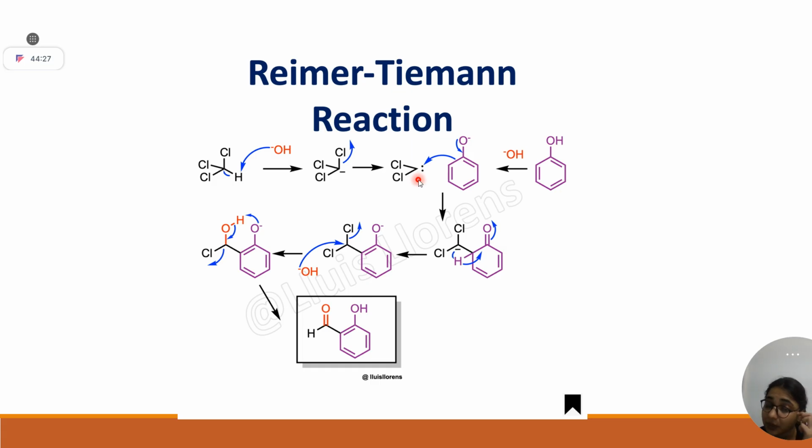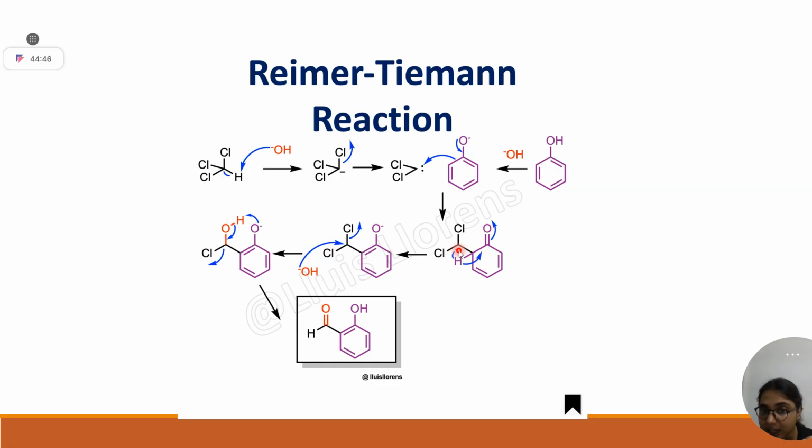Okay. So in your phenol, in presence of base, it will become phenolate. Oxygen lone pair will come down, and you will get this intermediate. Okay. CCl.